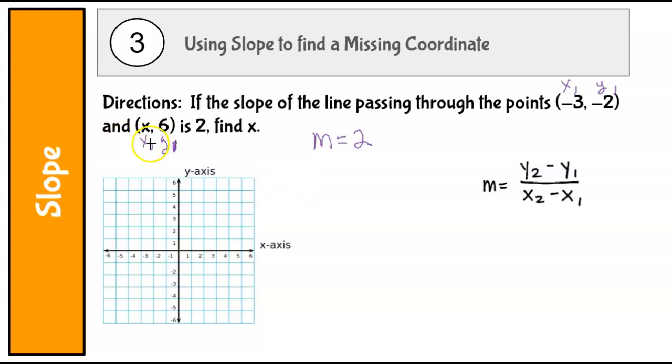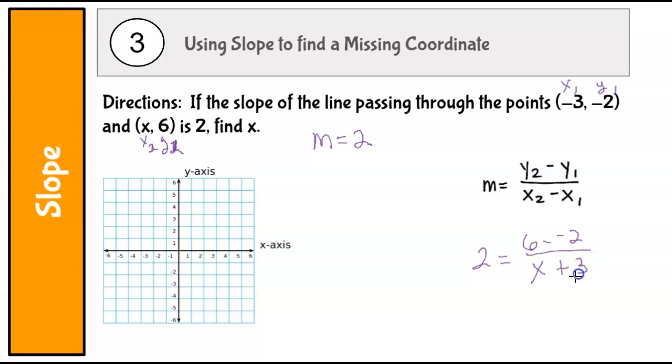So m is 2 equals y2 is 6, y1 is -2, x2 we don't know, so we're going to put x. x1 is -3, so it's minus a -3, so I'm going to put +3.